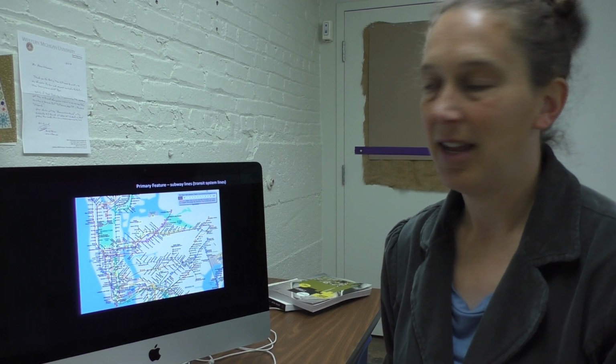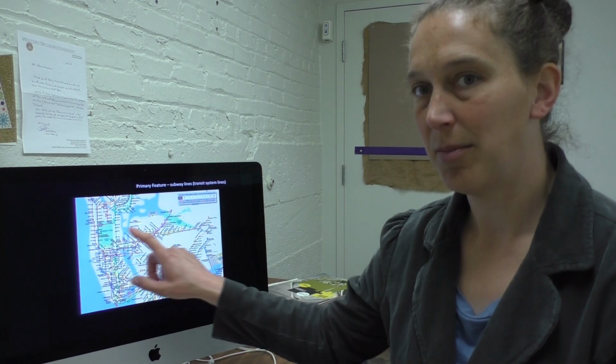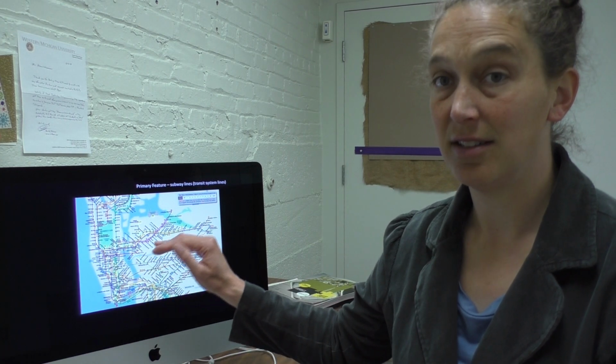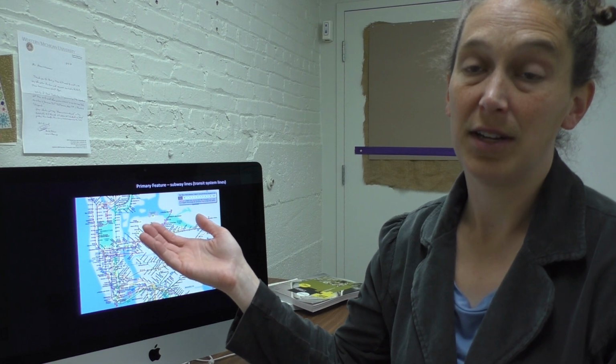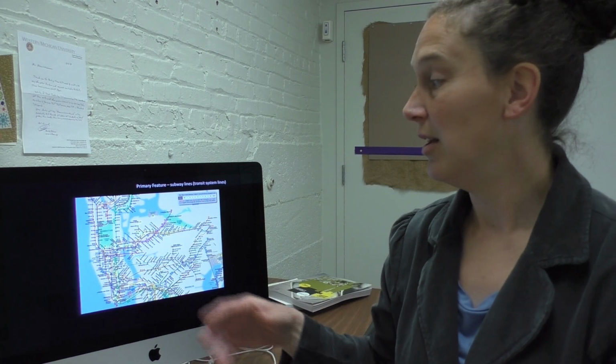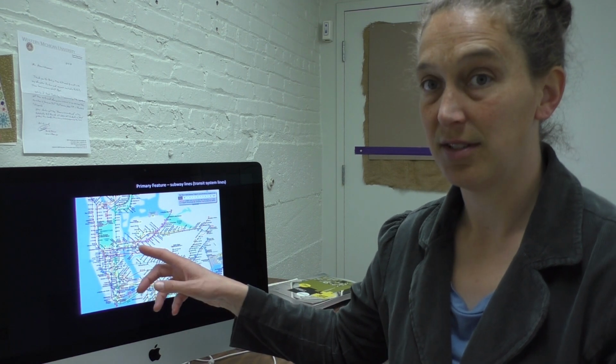Another map that's common is a subway map or a bus map or things like that. And that is actually used as a primary feature, specifically the subway map, because that is lines of its own, whereas a bus map typically runs off of existing streets that cars can go on as well, whereas the subway is actually its own system.